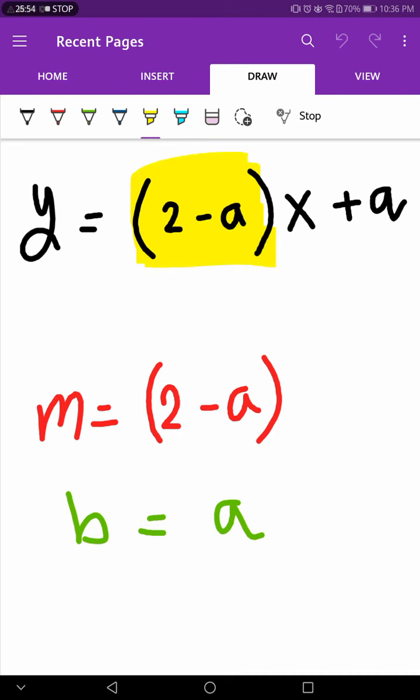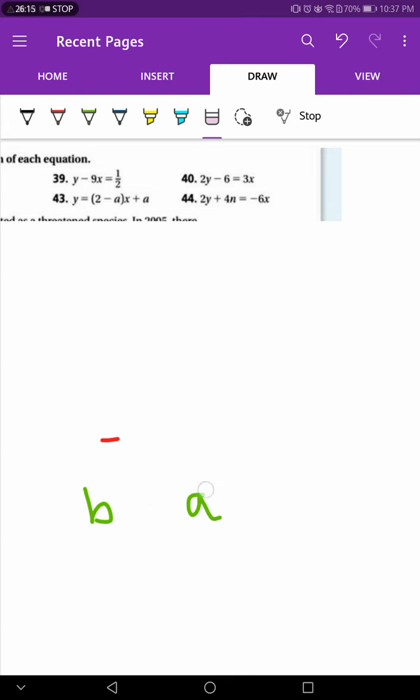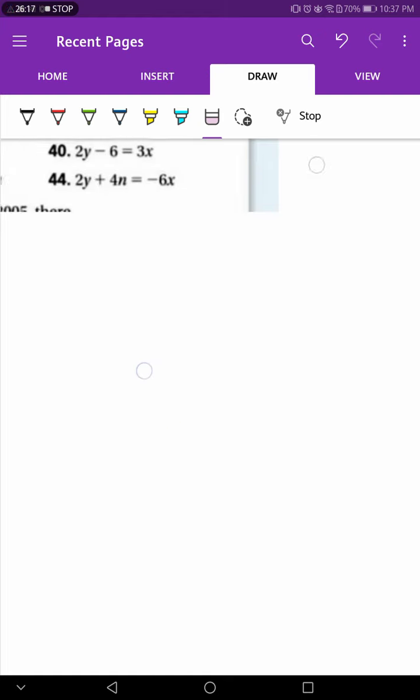And the a also here is constant. It looks like a number. The a may be 1, 2, 3, 4, we don't know. It is a constant number. Okay, this is 43. Let us take 44, the last question, and we are done, my dear student.